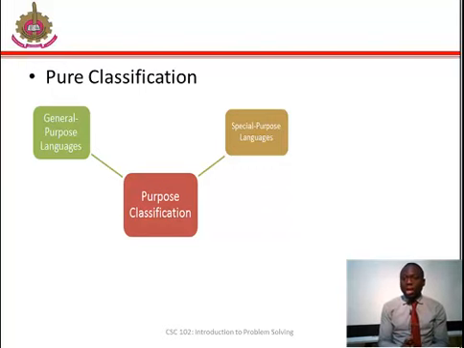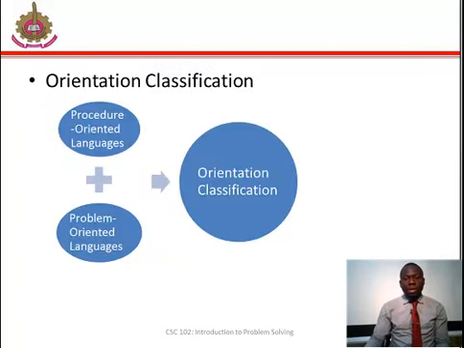A general purpose language is one that can be used to solve a variety of problem types. From what you have learned already about low-level language, it means that the lower the level, the more general purpose the language. A special purpose language is one that can be used for specific types of problems, such as the language called word processing language, that is WPL, developed by Apple for word processing.